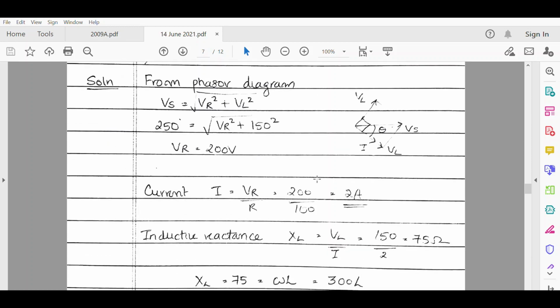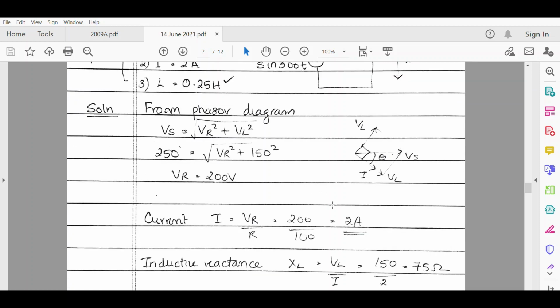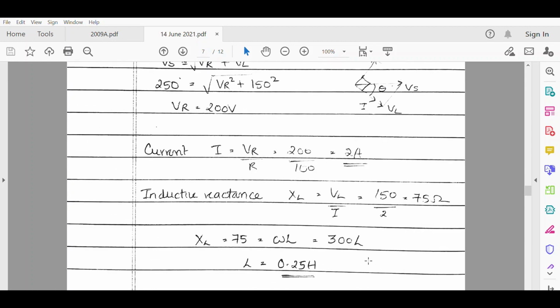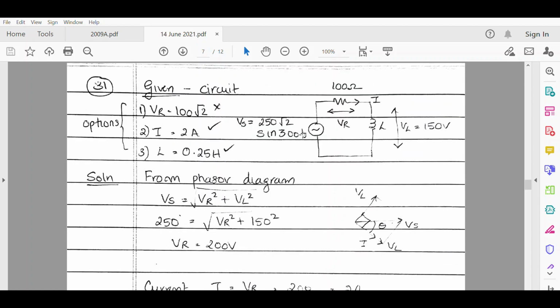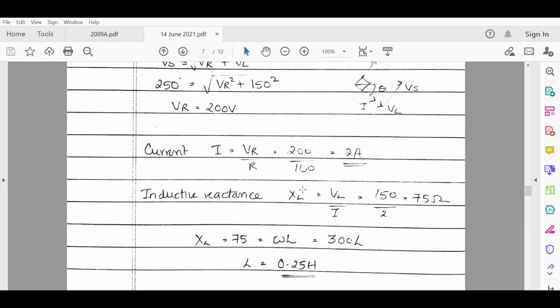Now let us determine the inductive reactance. The inductive reactance is nothing but the voltage across the inductive reactance divided by the current. So that would be 150 divided by 2 equal to 75 ohms. Now this inductive reactance is equal to omega L, and from the figure we can make out that omega is equal to 300 radians per second.